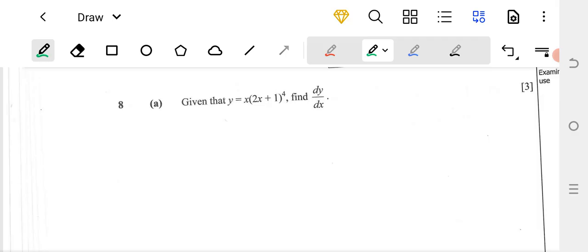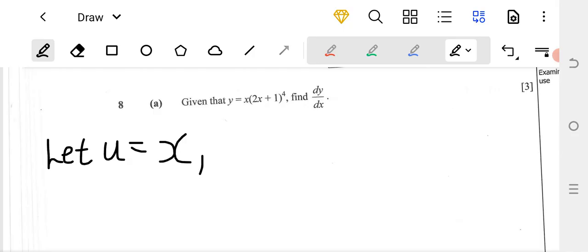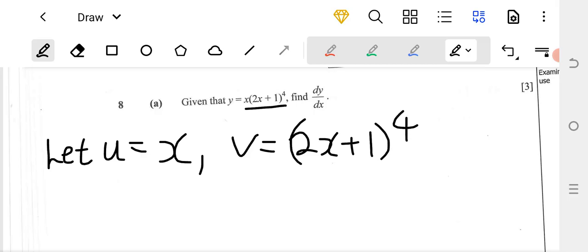Hence, let us get on with the answering. We'll say let u be equal to the first function, which is x, and then v will be equal to the second function, which is this 2x plus 1 raised to the power 4.